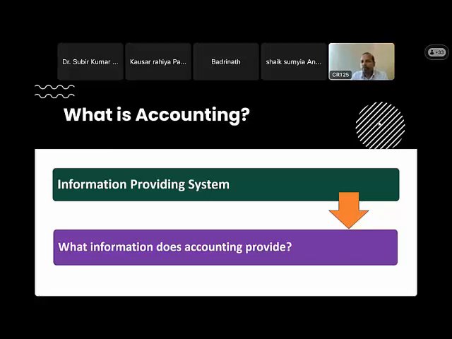Yes. Financial transactions. You are absolutely right. Could you speak a little louder? Financial transactions. Very good. What else? Financial condition. Financial position. Very good.